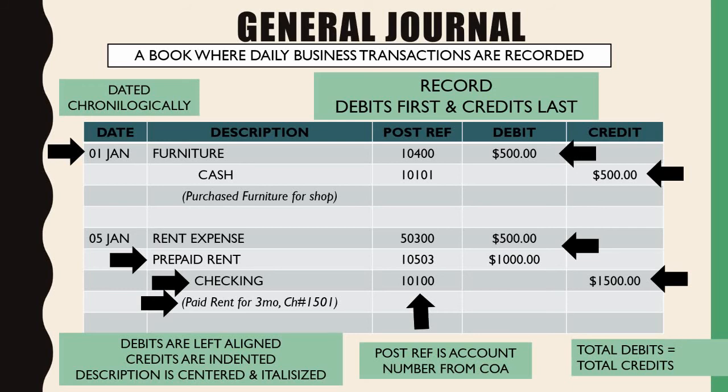I made the advance payment for rent. So in total, I paid $1,500 for 3 months worth of rent. Okay, so here, my total debits, 500 plus 1,000, is equal to my equal and opposite credit of 1,500.